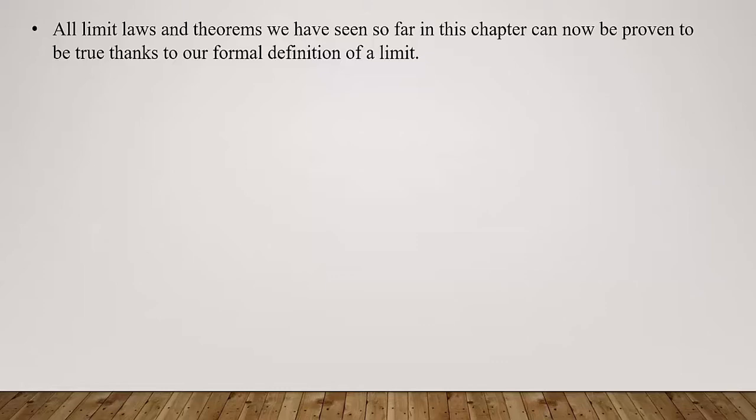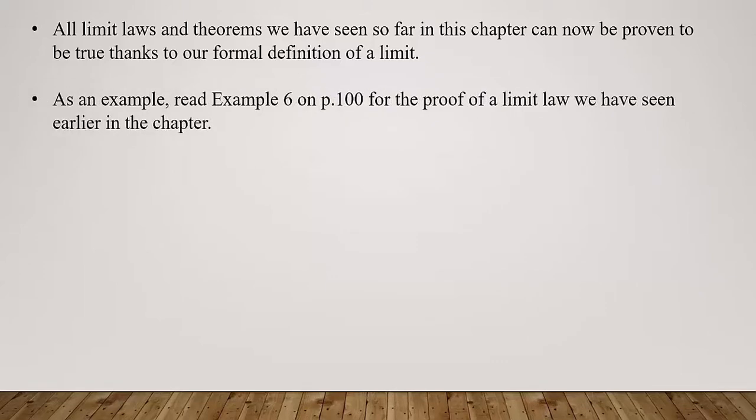They were operating under the weak "really, really, really close" that we saw in section 2.2. It wasn't until a guy named Karl Weierstrass came around, and Cauchy, that they were able to quantify what it meant to be really, really close. And then all those limit laws that we saw, boom, we're able to prove them to be true.